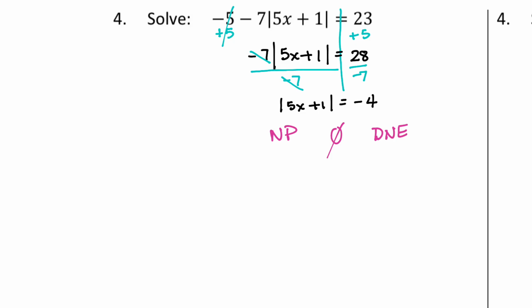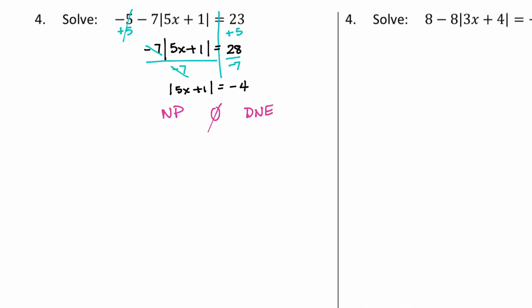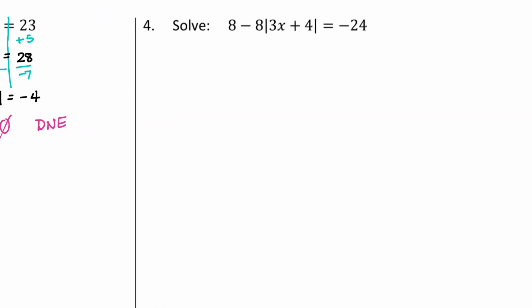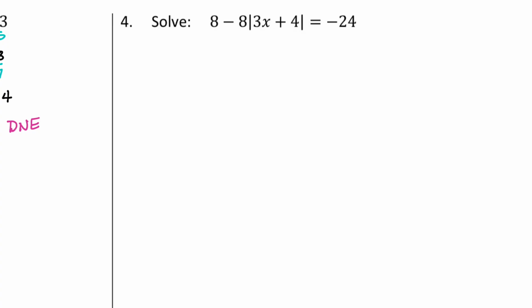Okay, let's take a look at the one on your side and see what happens here. Okay, so here's the center. Let's get rid of the extra 8s out in the front by subtracting. Negative 8 times the absolute value of all of this is equal to negative 32.